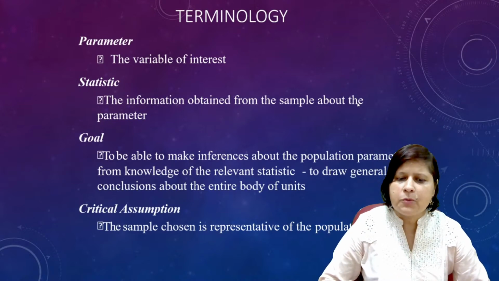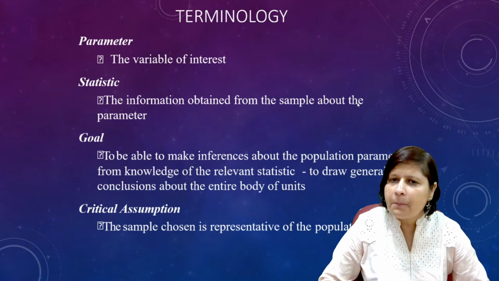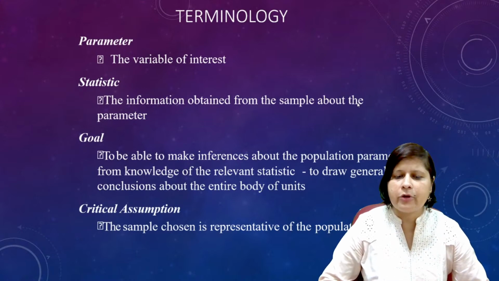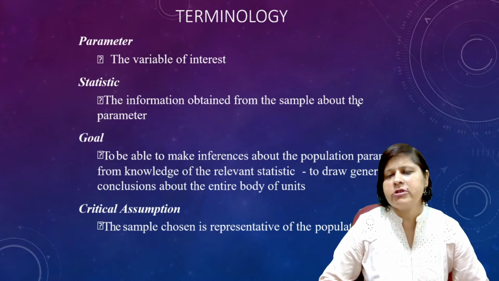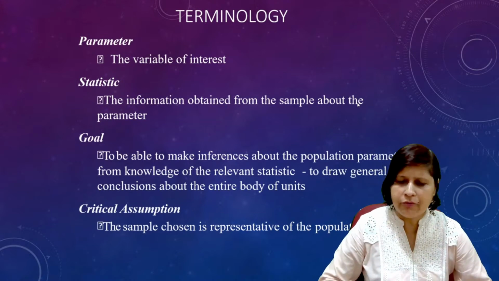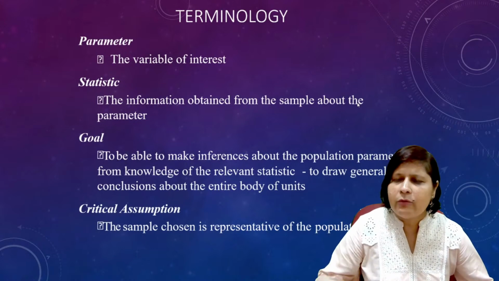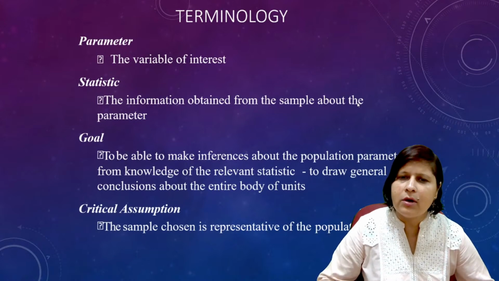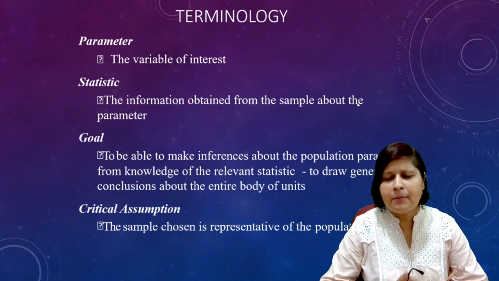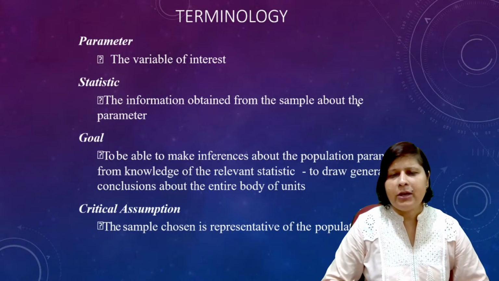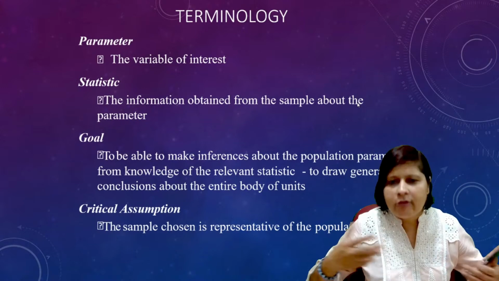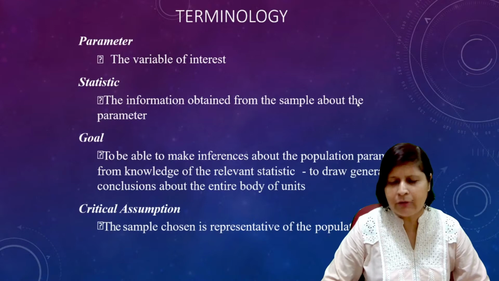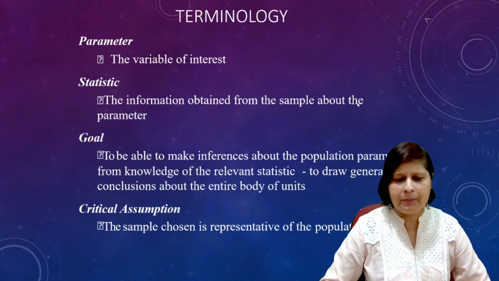Goals, to be able to make inference about the population parameter from knowledge of relevant statistics, to draw general conclusions about the entire body of units. What is our goal? Why are we carrying out the research? The goal is to study the habits of a particular population on the basis of the samples, and we can generalize the findings to the whole population.